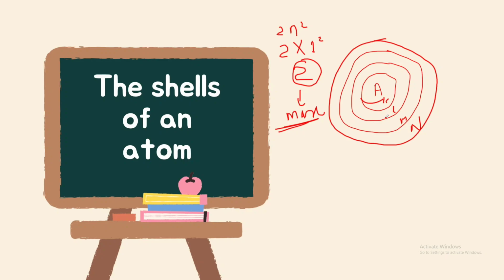Similarly, if you want to find out how many electrons are in the L shell, it is the second shell, so 2 into the value of n, which is 2 because L is the second shell. So 2 square, that will be 2 into 4 equals 8. So the maximum number of electrons in the L shell is 8. Let's check for the M shell.